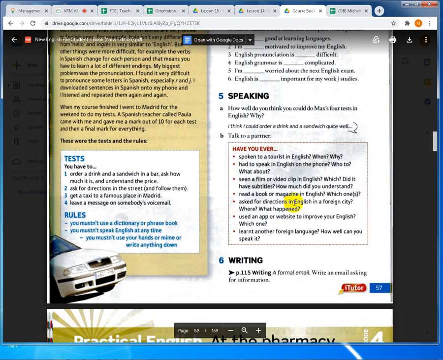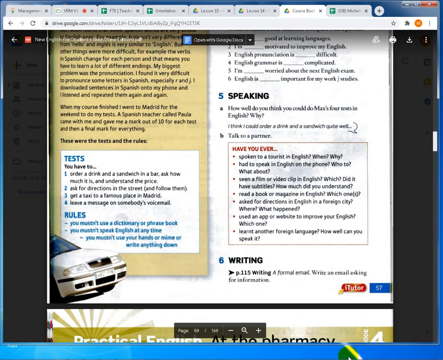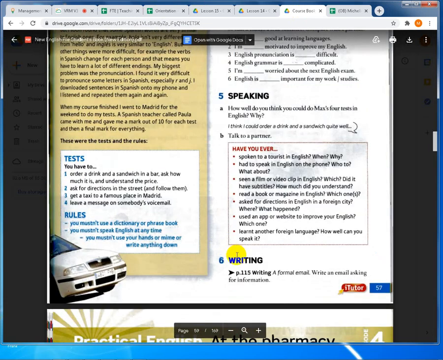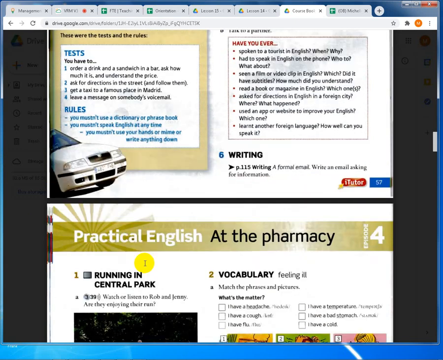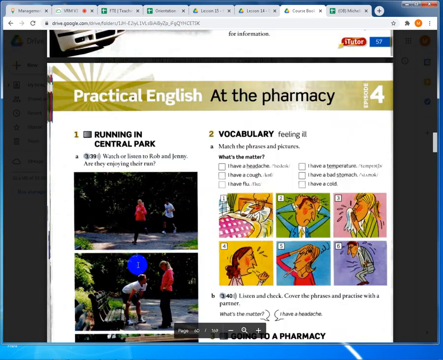We are going to be better in the things we want to be if we exert our effort, right? So Lynn, we are already done with this speaking part, and thank you very much for all the answers that you have given to me tonight. Those are very good answers. As you can see here, we are in Practical English at the pharmacy.